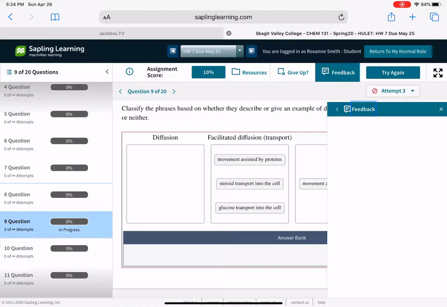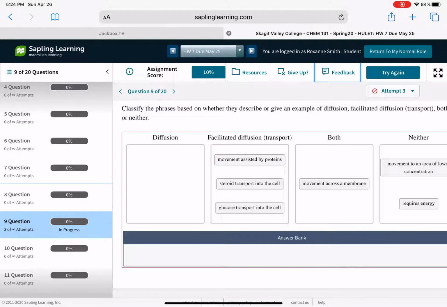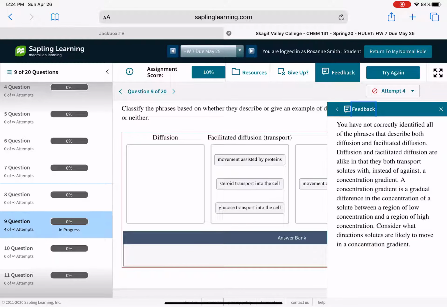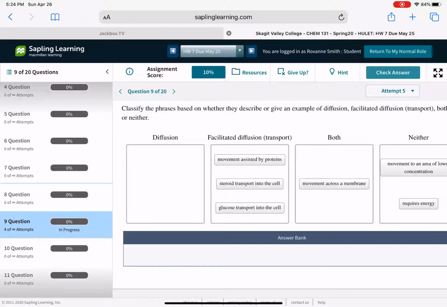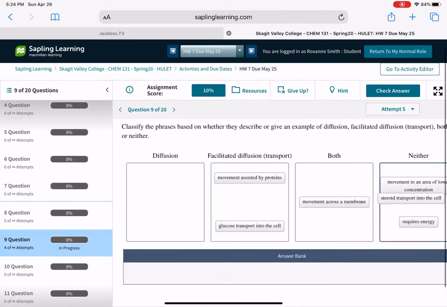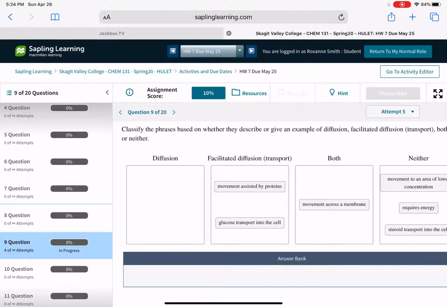I clicked it too many times, and so I just wasted an attempt right there. This is why I'm very forgiving when you ask for forgiveness on Sapling. So maybe steroid transport into the cell is none of these.